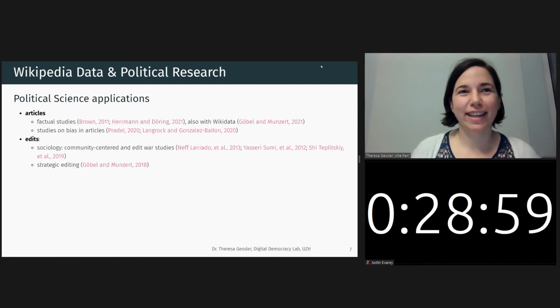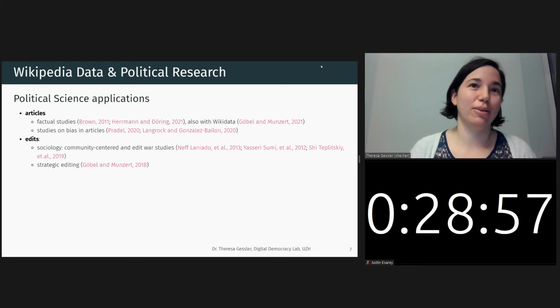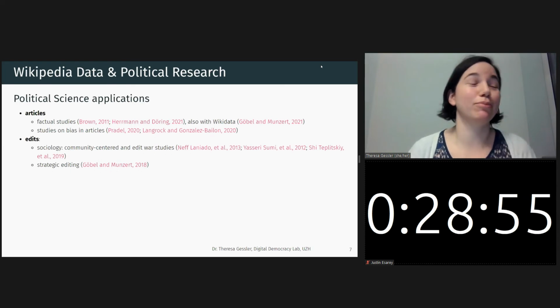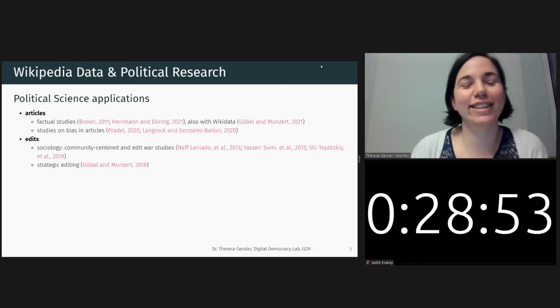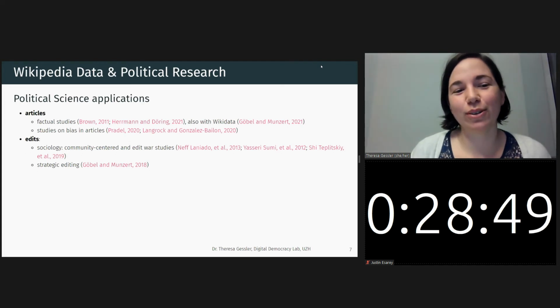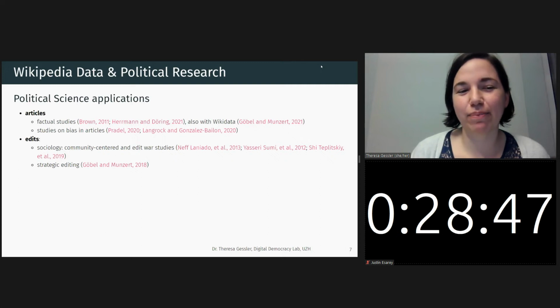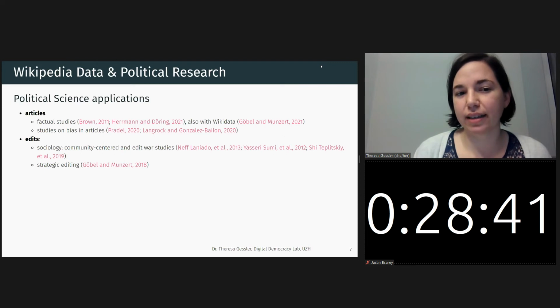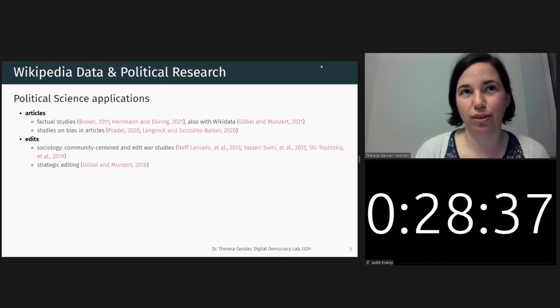Much newer and more promising is research on other aspects of Wikipedia. This holds, for example, for edits. They have been investigated quite a lot in sociology, mainly with community-centered approaches, so who interacts with whom, but also edit wars and which topics become contentious.